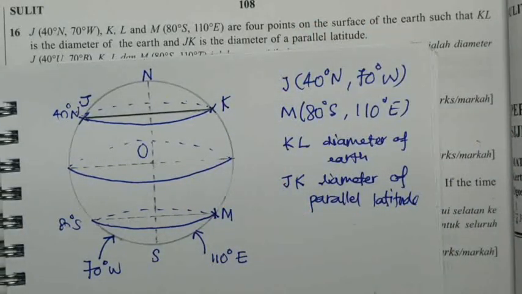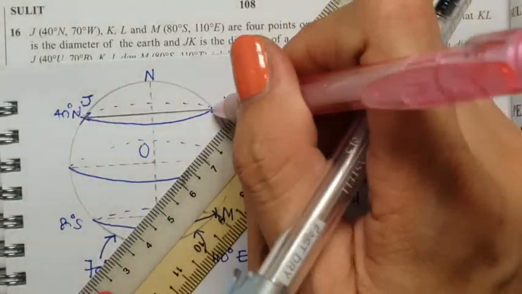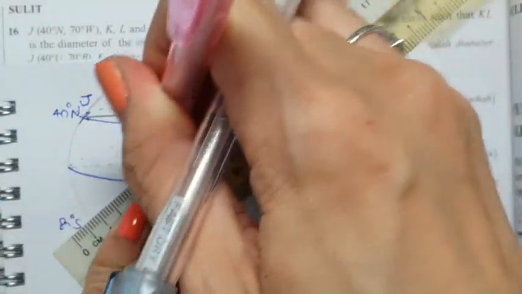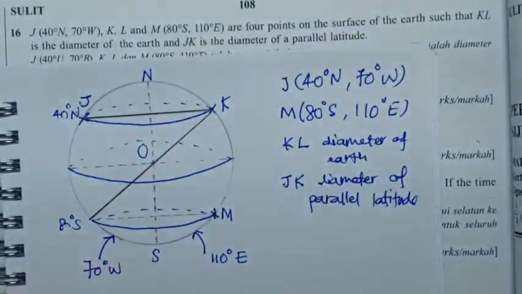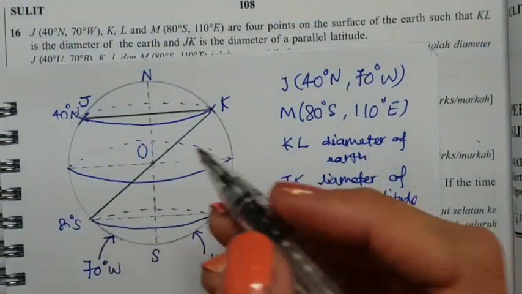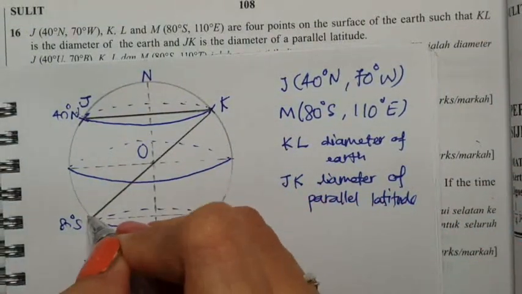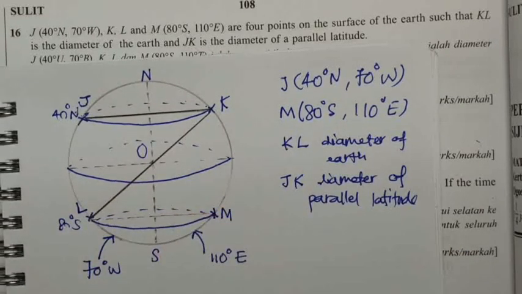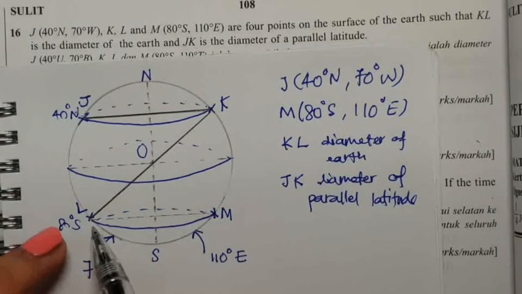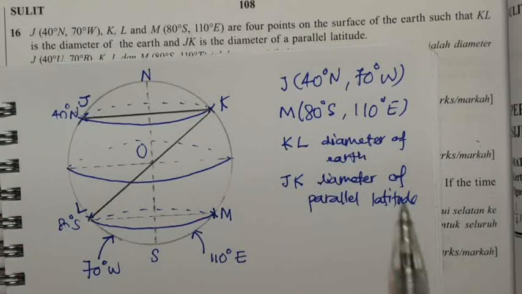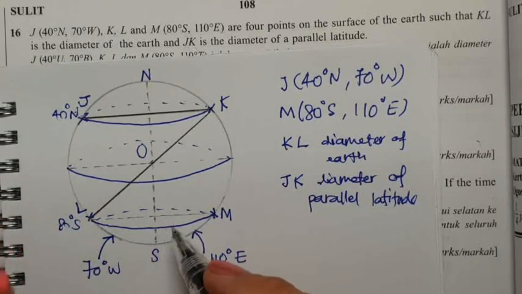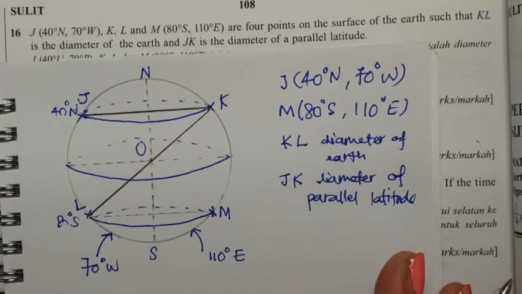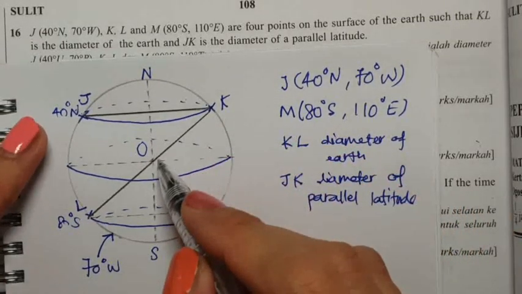If K is here, the diameter of the earth will pass through the center of the earth, so we will join this way, like this. This point will be our L. Oopsie, I think my illustration is not so accurate because it happened to fall into here, but actually it's not there. I should have drawn this one slightly below. Never mind.